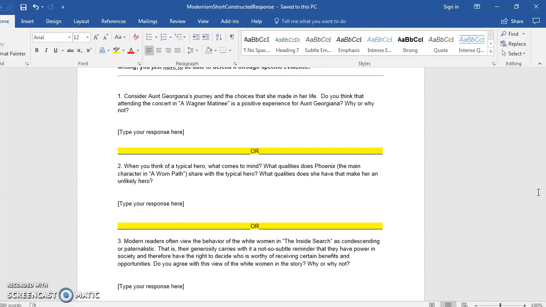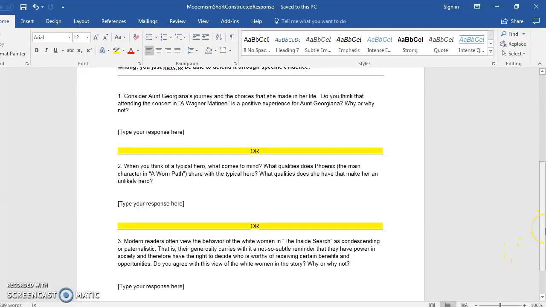All right, the next one is related to A Worn Path. So this is about heroes. What comes to mind when you think about a hero? And then you're asked to determine the characteristics of Phoenix, one of the main characters in A Worn Path. Determine how she is like a hero and how she is unlike a hero.